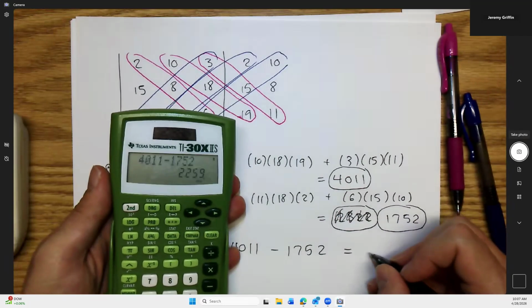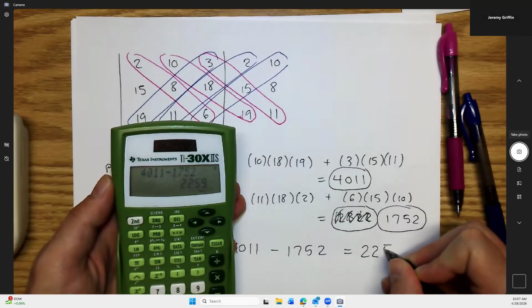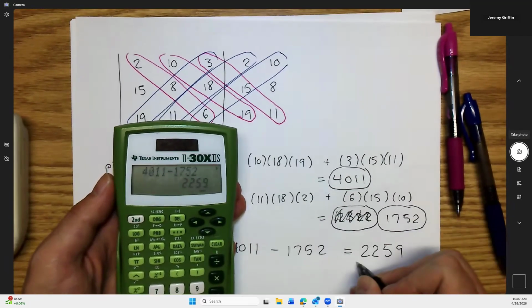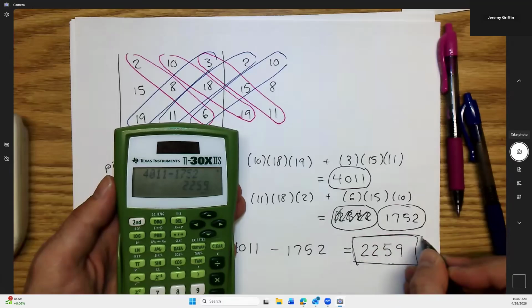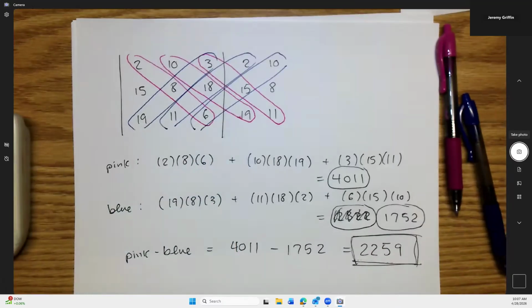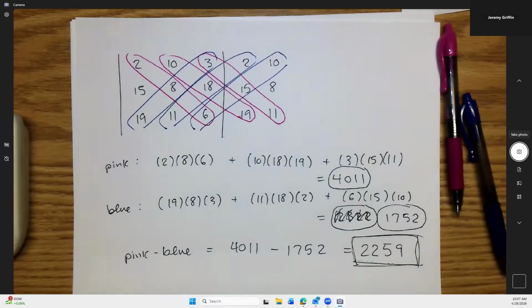Okay, and I'm getting 2259. So that is the determinant. You guys good at finding a determinant of a 3x3? All right. We'll do that Friday.